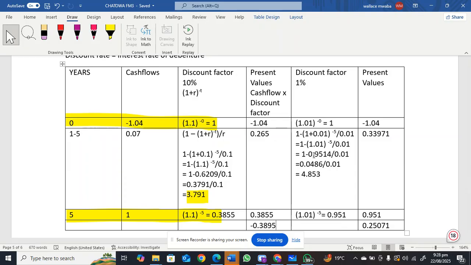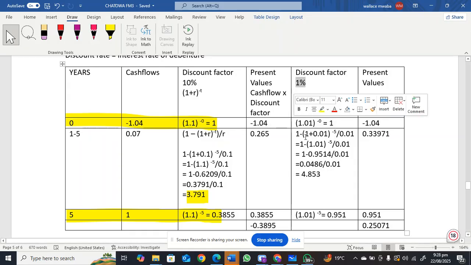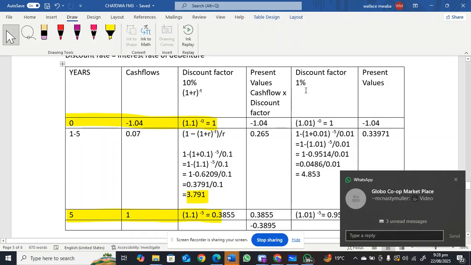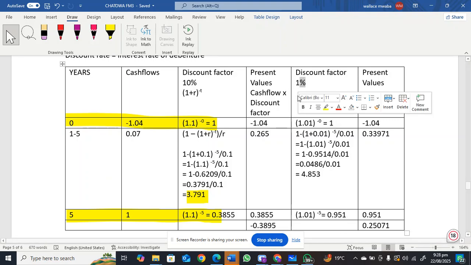If your first present value is positive, increase the discount rate. So here, since our first present value is negative, we reduce our discount rate. So I used 1%, to prevent trial and error. I just was extreme and said, let me use 1%.